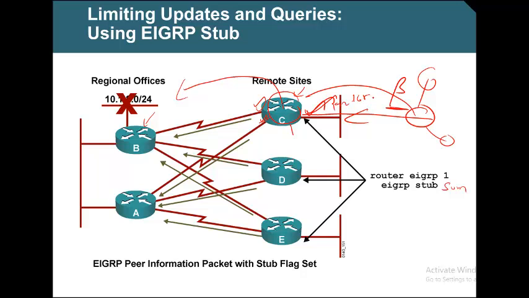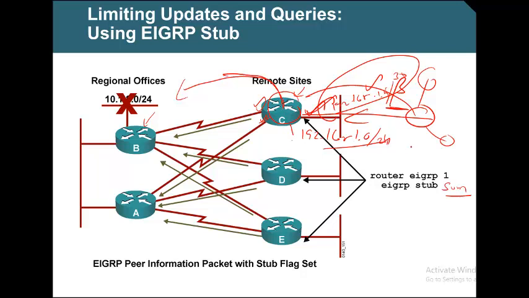When you say EIGRP stub summary, it will take responsibility only for those networks that are shown as summary route pointing towards, mostly, not mostly, always, summary route should be pointing towards null zero. EIGRP will take responsibility only for the summary route, not even connected, only for the summary route. Whenever you say this, stub summary.